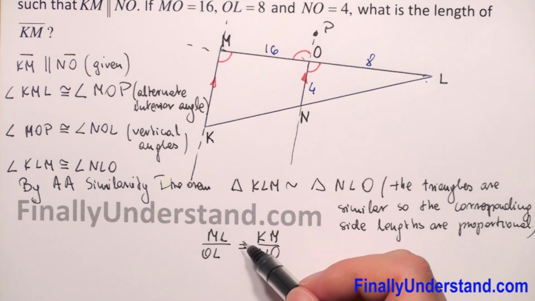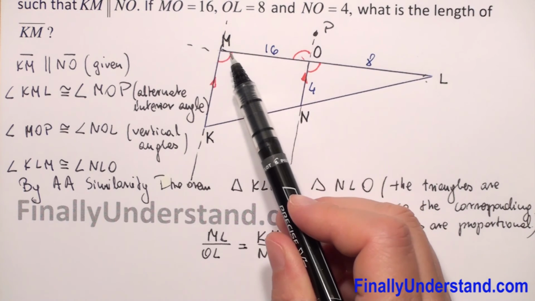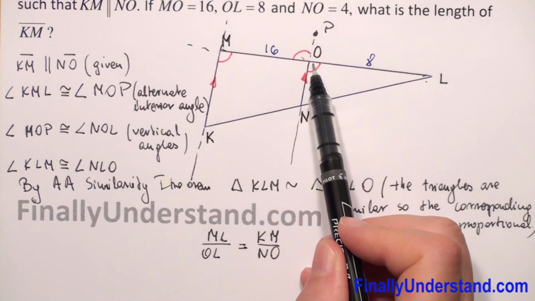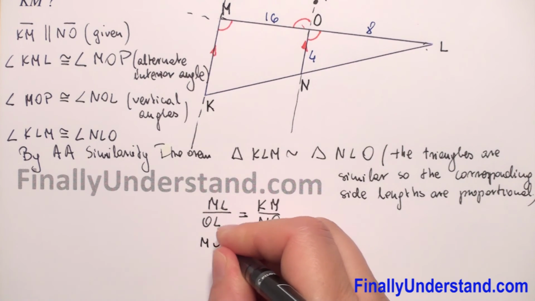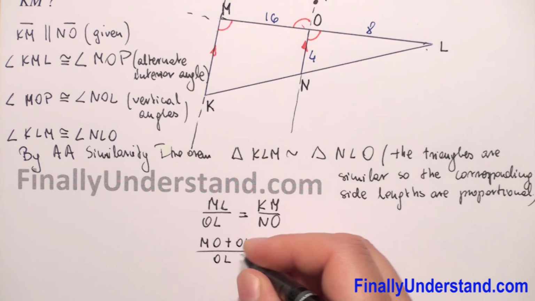So ML, we have that this is 16 because ML is MO plus OL. So we can write that this is MO plus OL over OL.